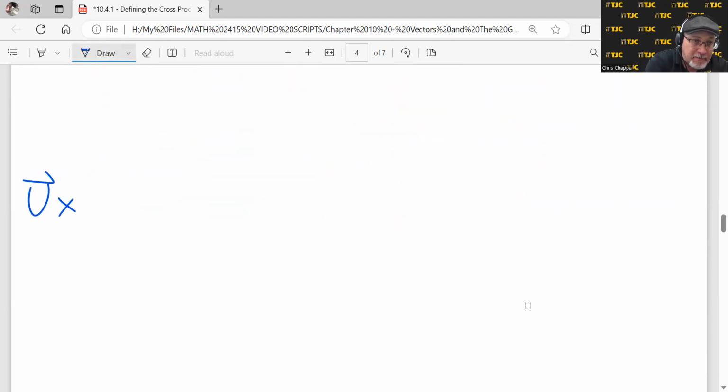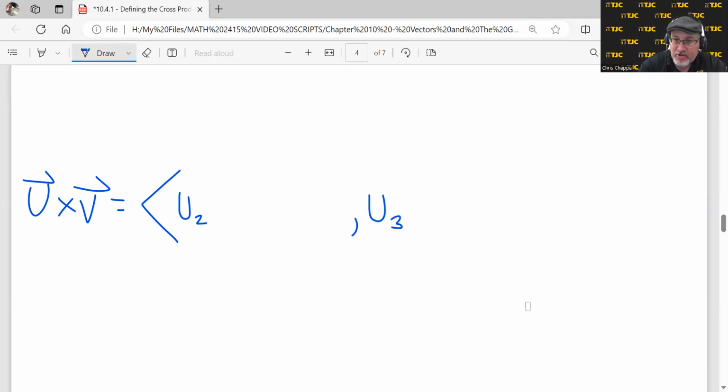U cross V. All right. Each component starts with the first vector component, so it starts with a U, but the subscript is the next position. So for position 1, I would start with U2. For position 2, I would start with U3. And for position 3, I would wrap around and start with position 1, U1. Secondly, each of the products is U and V. Thirdly, each position is missing the subscript that matches that position number.